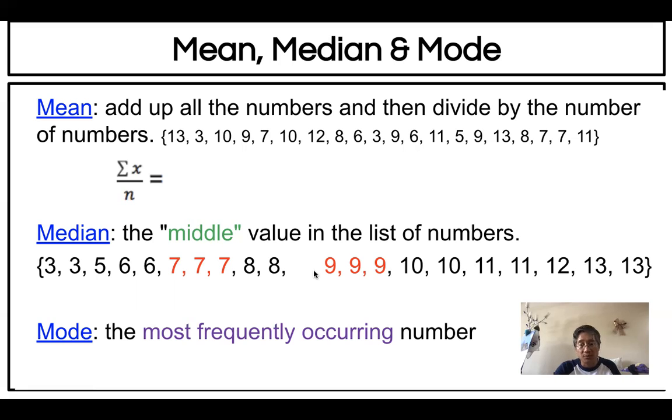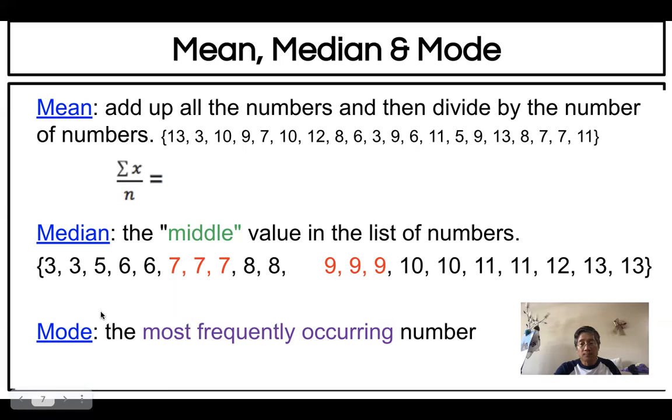What is the mode? Mode is the most frequently occurring number. In this case, 7 occurs 3 times and 9 occurs 3 times, so the modes are 7 and 9. In this case, you have two modes. This is the way we learned to find the mean, median, and mode.